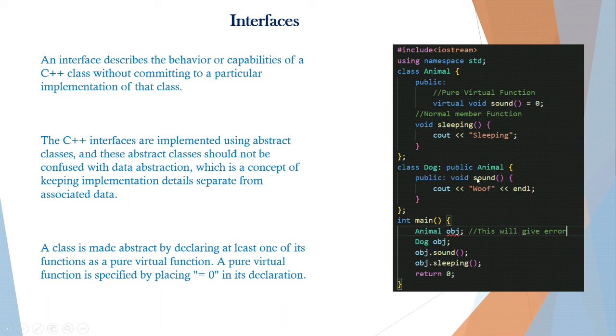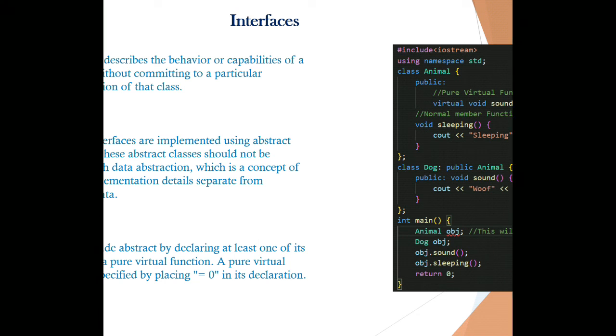We write the full code of the pure virtual functions there. As I have already said, a pure virtual function has its own return type and its own parameters, but we do not write the code; we just give = 0 in its declaration. So we write the code in the child part, and in the child part you can simply call the sound function, and it will not give any error.